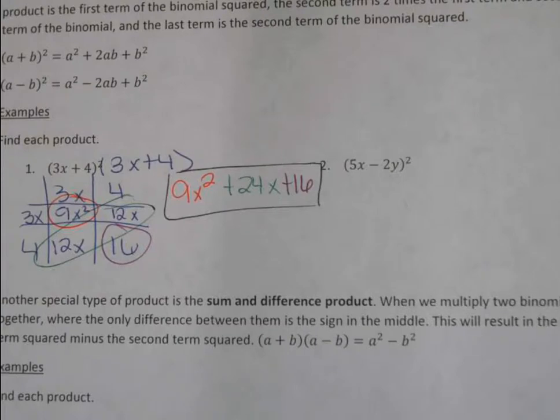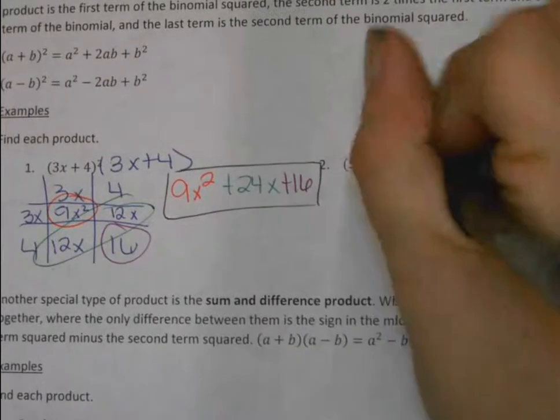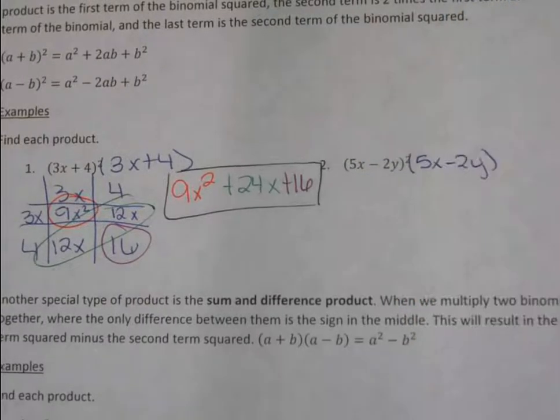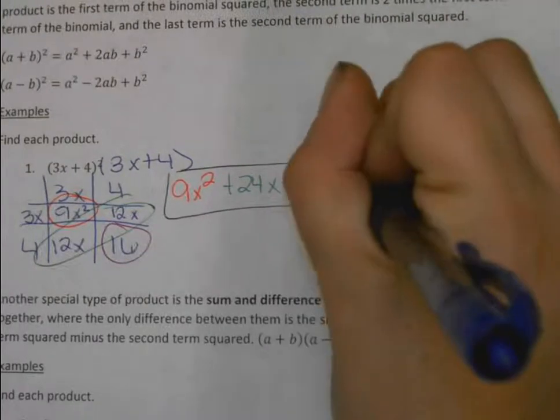Okay, so on number 2, what's the first step I want to do here? I want to rewrite this. So then what method do you want me to use? Okay, box again.